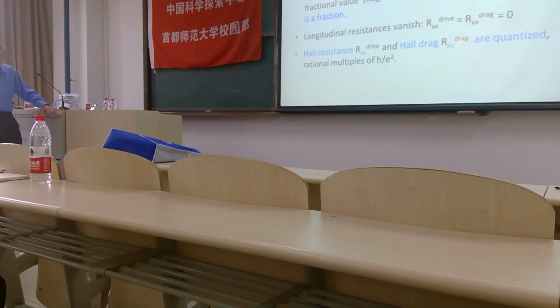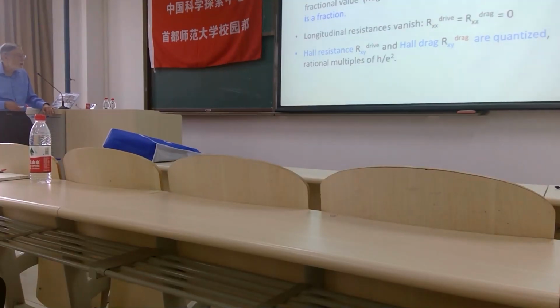There'll be a Hall resistance. The longitudinal resistance will vanish. So with current in one layer, there's no voltage drop in the x direction in either layer, but there will be a Hall resistance in the drive layer and a Hall drag, and they'll both be quantized. Quantized meaning they're going to be rational multiples of h over e squared, but unlike what I showed you before, in this case they'll be different.